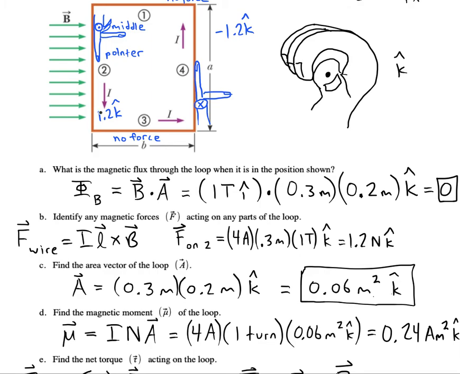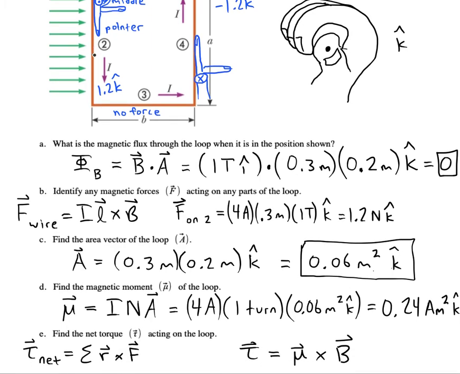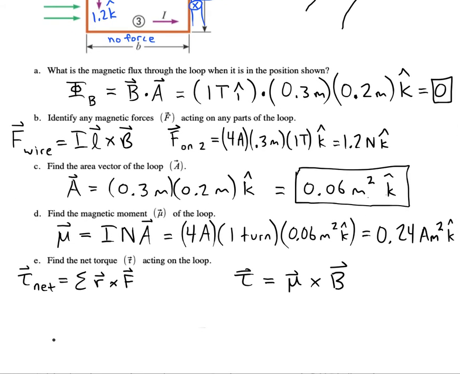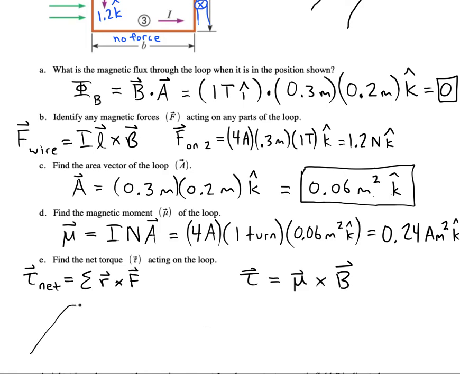So for the old physics 1 way of doing it, all we'd have to know is the force that's acting. So you got this loop here. You got a force that's pulling up on the one wire and a force pulling down on the other wire.